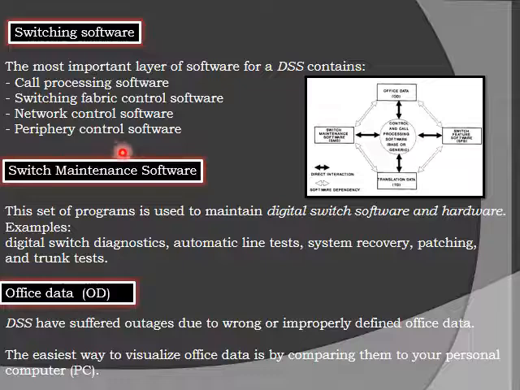Next, periphery control software. Periphery means where our line modules and trunk modules are in level 1, where all your lines or trunks are going to terminate. So what is it going to manage? It is going to manage the tasks and functions of LMs and TMs.